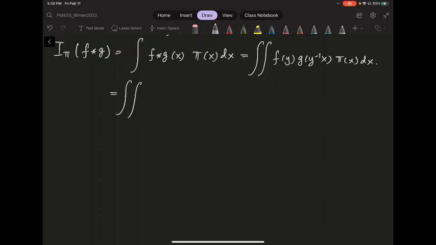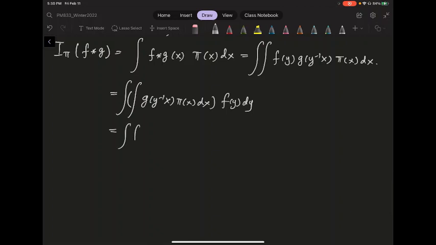All right, now you can do the standard trick. You move the y to the outside, and you integrate g of y inverse x, pi x, against dx first. Then I have f of y dy. But inside, you use the left translation. You translate x on the left by y, so this y inverse gets cancelled.